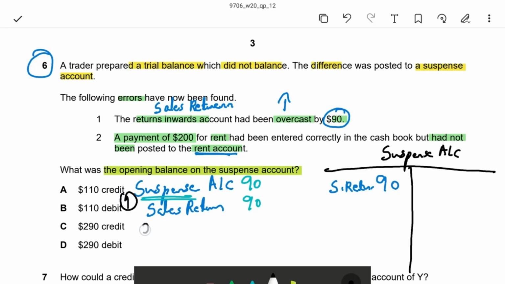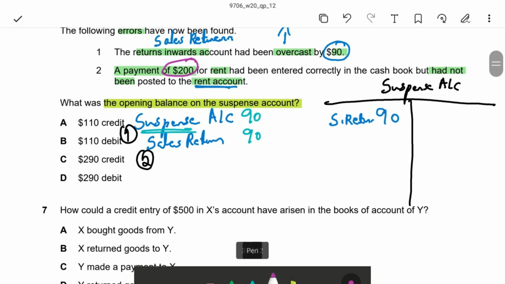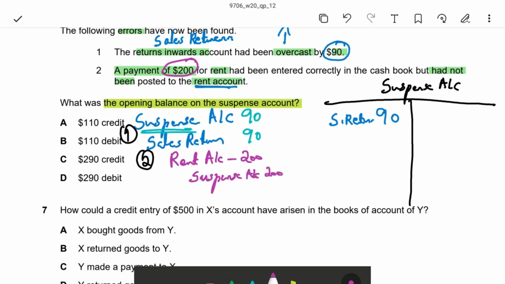So we have to do the second journal entry, the correction entry: rent account debit 200, credit suspense account 200. So the suspense account is credited with 200, rent 200.